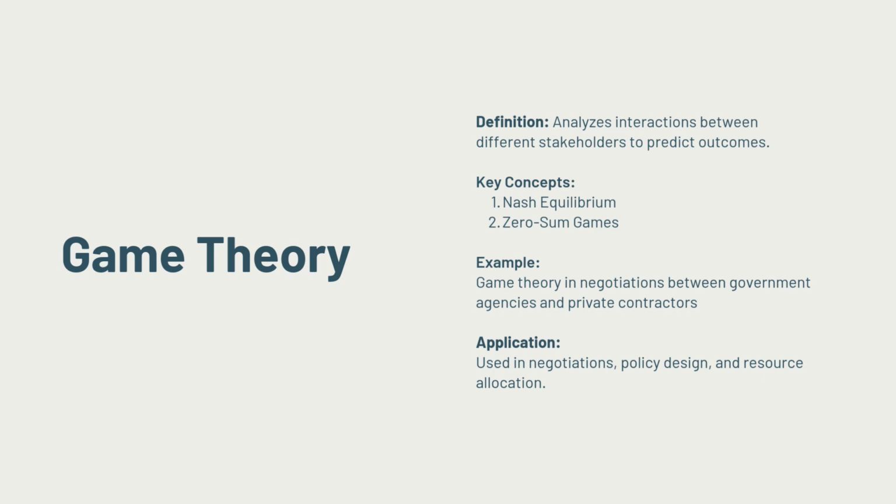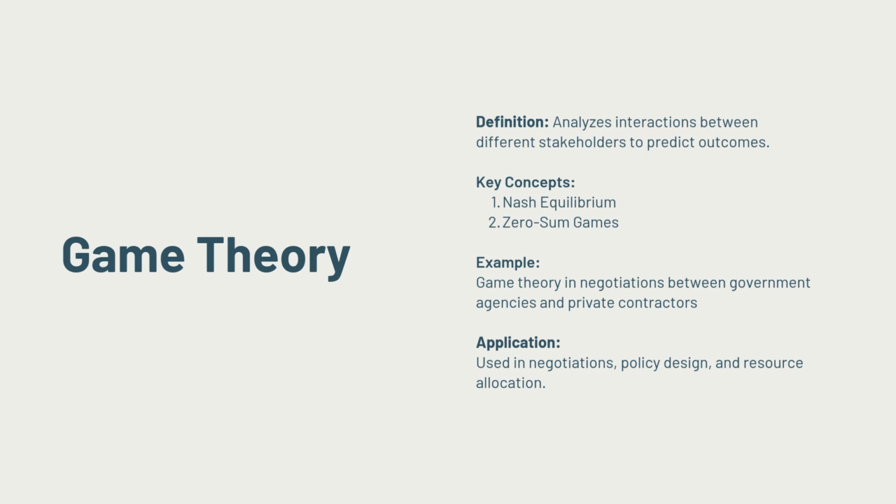This involves mapping out potential strategies for each party and predicting how they might react based on their incentives and goals. Third is to simulate outcomes. By running simulations of different strategies, administrators can identify the most likely outcome. This allows them to choose policies or negotiation tactics that lead to the most favorable result for the public.